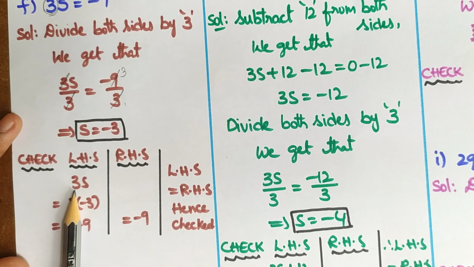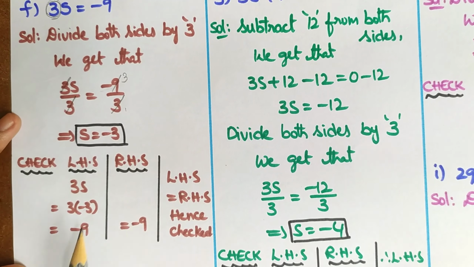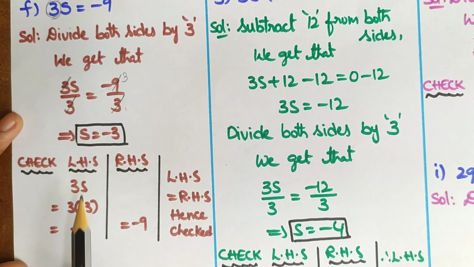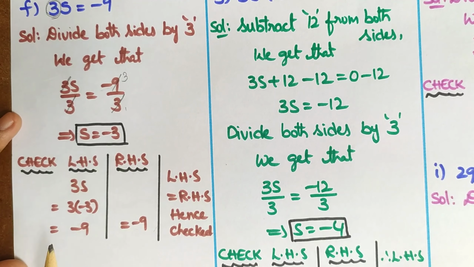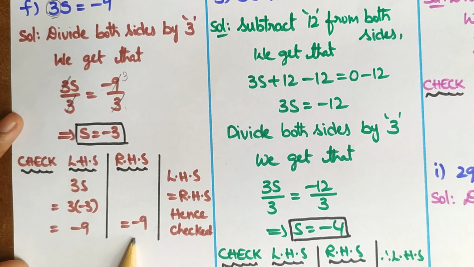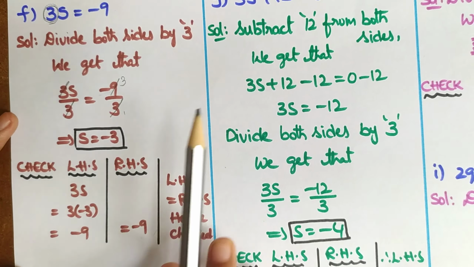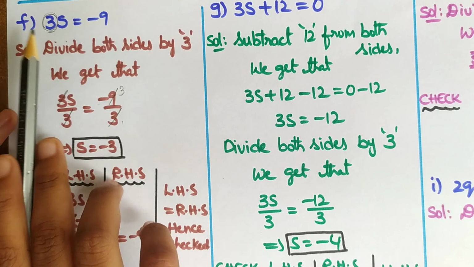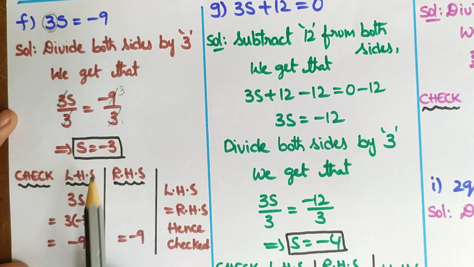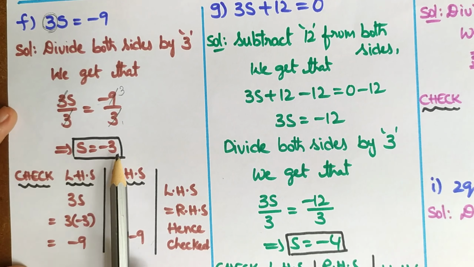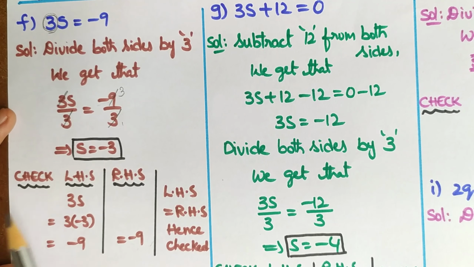So 3s is equal to minus 9. RHS is minus 9, LHS is minus 9. So minus 9 is equal to minus 9, where LHS is equal to RHS. Therefore, hence checked. 3s is equal to minus 9 where s equal to minus 3 is the right answer for this F bit.